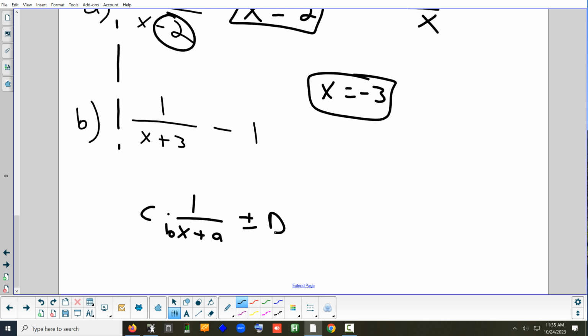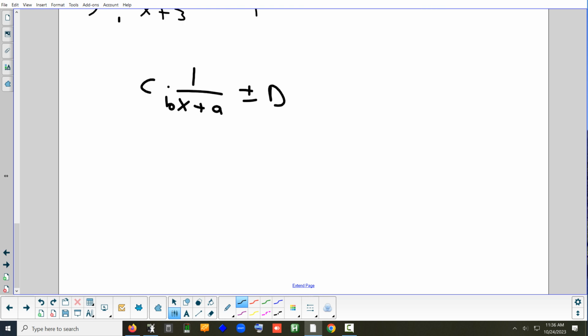So there's all the transformations you could have. Sometimes you see the 1 and the C multiplied together and they just put the C in the top. But what's A going to do? Again, that's going to shift left or right.